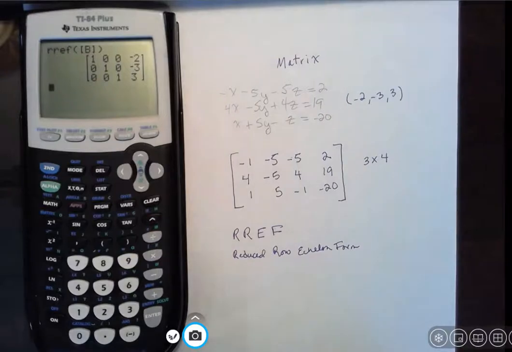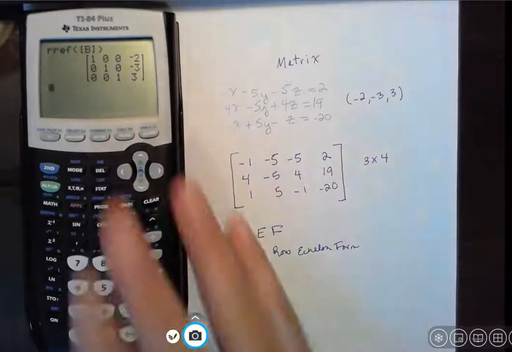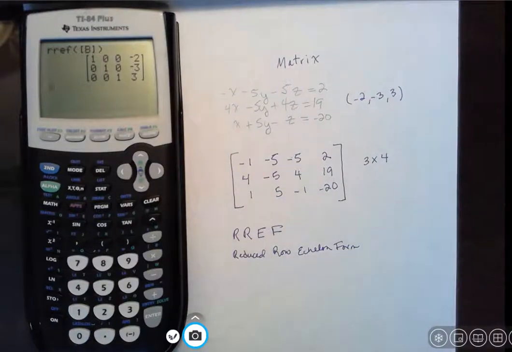All right, so it's kind of cool. It's definitely a level above what you need right now, but matrix is a great way to solve for 3 linear systems on your calculator. Hope this helped.